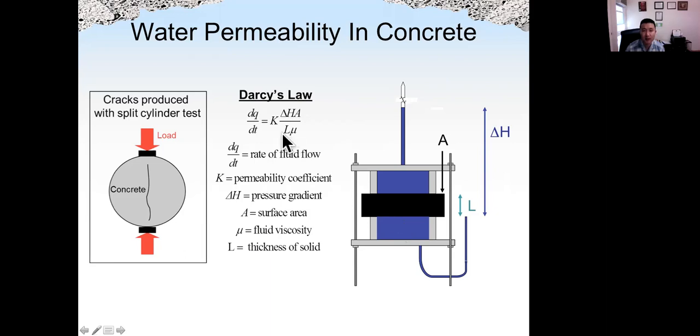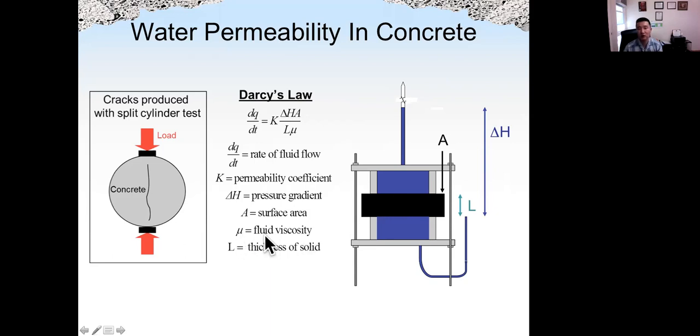Okay. So that is based on the famous Darcy's law. dQ/dt is the so-called rate of fluid flow. That is a function of the permeability coefficient. Delta H is the pressure gradient, the pressure head. A is the surface area, the cross-section area of the specimen.